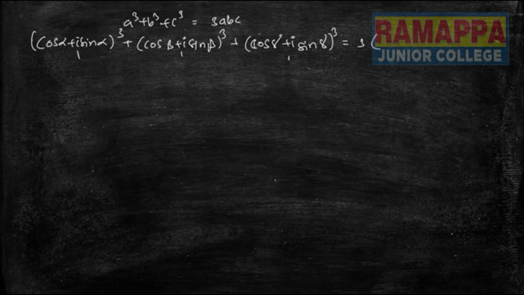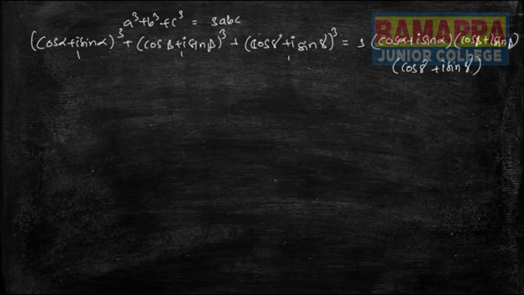So a is cos alpha plus i sin alpha, into b is cos beta plus i sin beta, into cos gamma plus i sin gamma will come here.